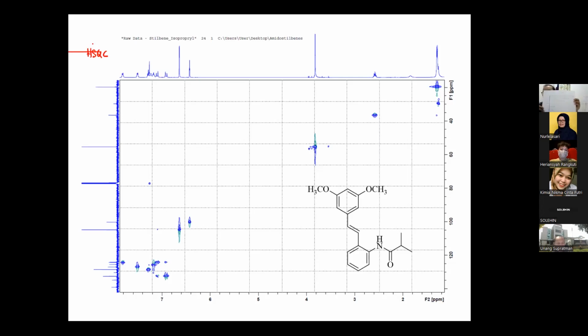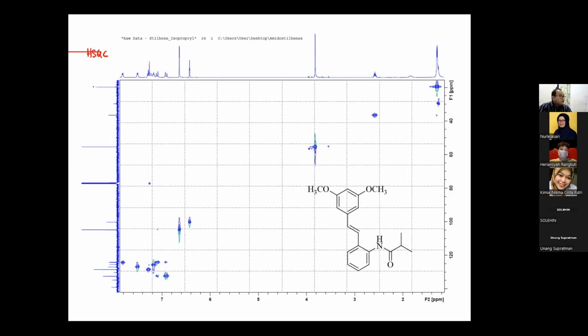I'm not sure you can see or not. This is the HSQC. What you can do is take a ruler. Usually I'm using the visualizer, but now we don't have it because it's not responding on my computer.